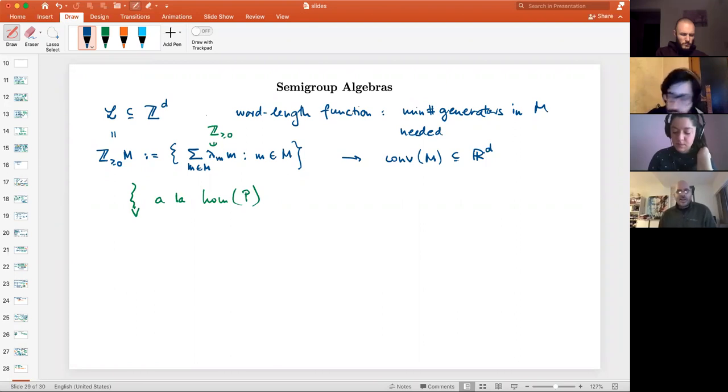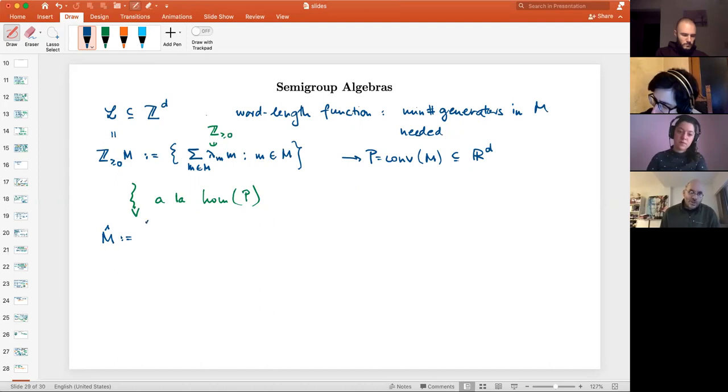I want to take this one step further. Let's call this P for polytope. The analogous thing to this homogenization construction is that I consider another set of generators, one dimension higher.